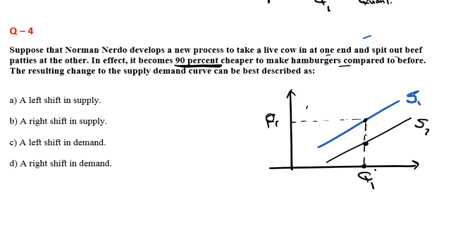So for the same product, we pay almost 90% cheaper. It doesn't show exactly 90%, but this is true, where we see a right shift in the supply curve.